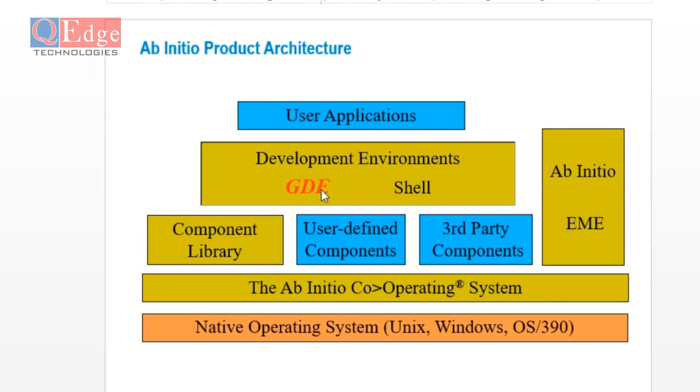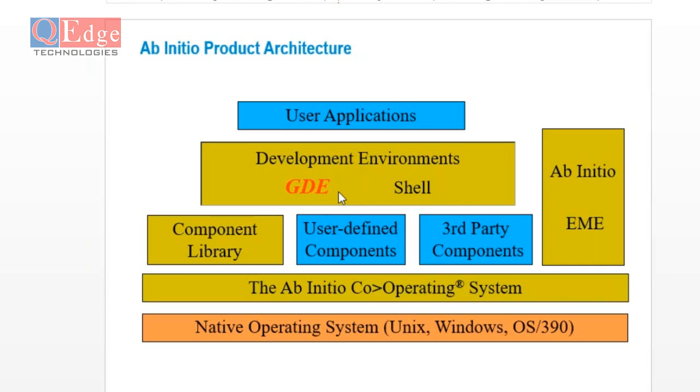It is the client that allows the user to develop the graphs, and to maintain and enhance the graphs. And another advantage of Ab Initio is you can store the graphs in two formats.